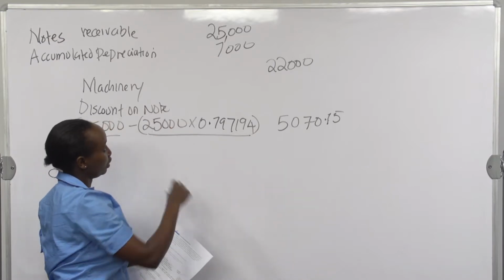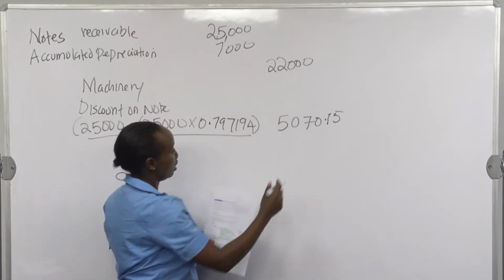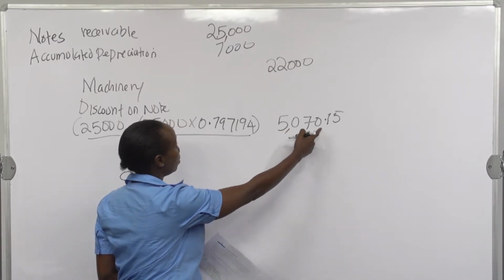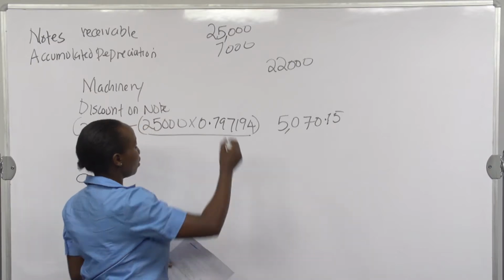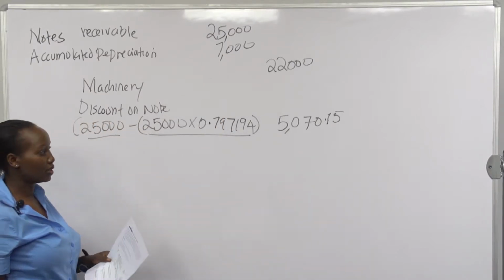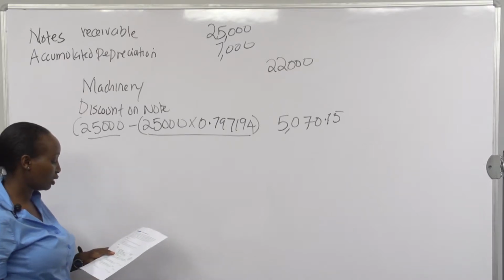After we've done this, on the credit side, we have this 22,000 plus the discount, so $27,070.15. On the other side, we have 32,000. The difference is our gain on machinery.